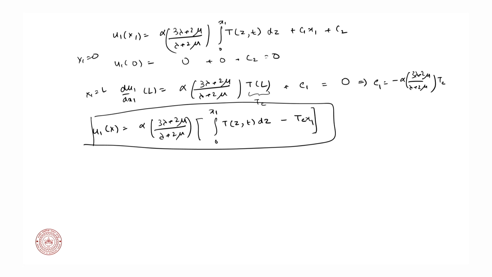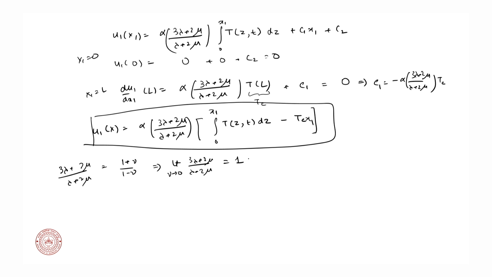All right. Now, let us take some special cases. This term 3 lambda plus 2 mu over lambda plus 2 mu comes out to be equal to 1 plus nu over 1 minus nu. And for the limiting case of nu tending to 0, the term 3 lambda plus 2 mu over lambda plus 2 mu is equal to 1.